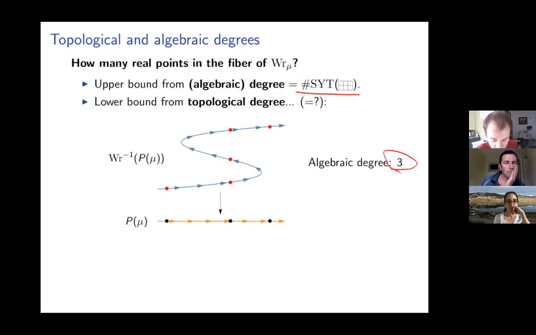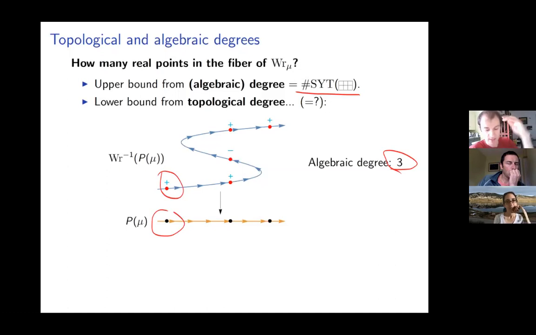have only 1 point. So for the topological degree, what we do is first we have to orient both spaces. So I've drawn these arrows along the base and along the top. So we picked some orientations. And now we count all the points with plus or minus signs. And the plus or minus sign depends on whether the orientation is the same or different from the orientation at the base.